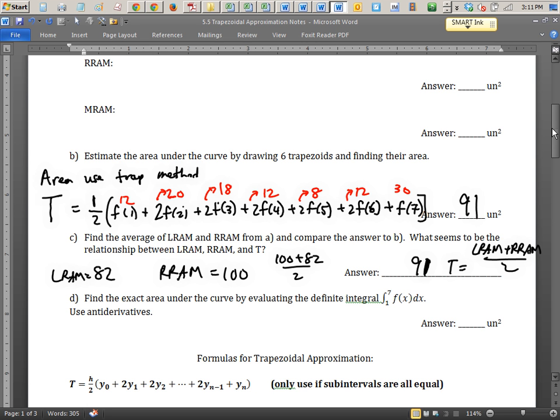So the antiderivative of that integrand is 1/4 x to the fourth, minus 11/3 x cubed plus 34/2 x squared, minus 12x plus a constant, and we're evaluating between 1 and 7.